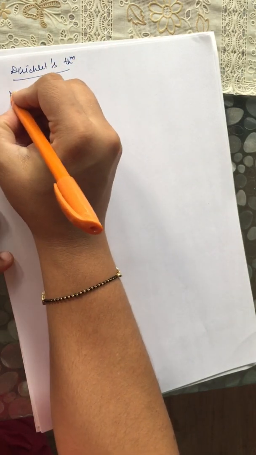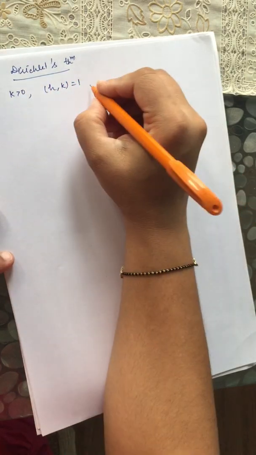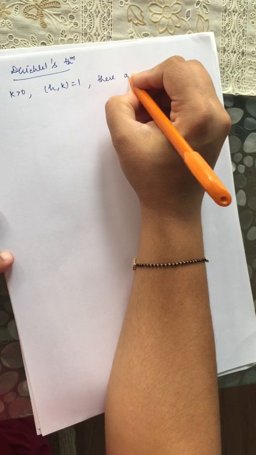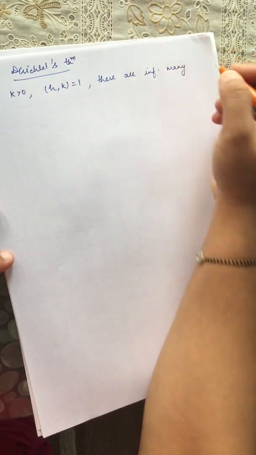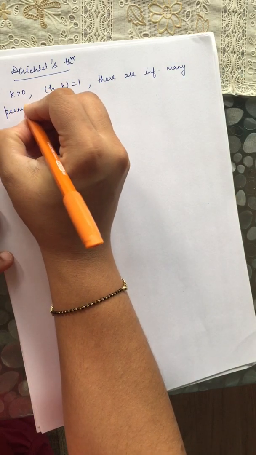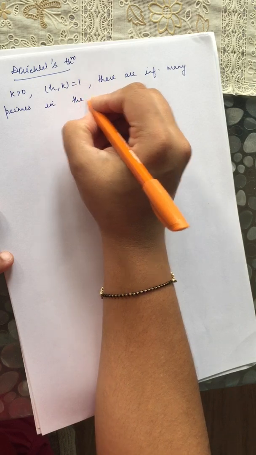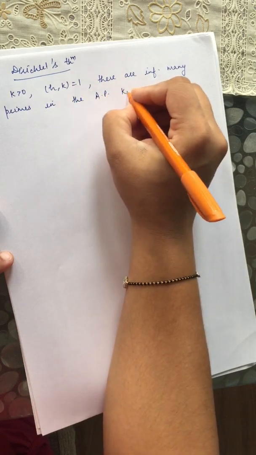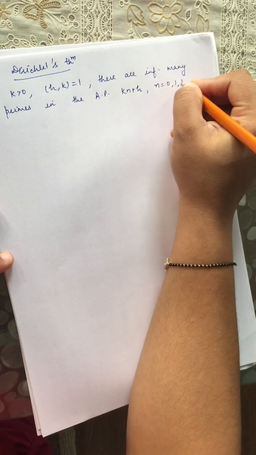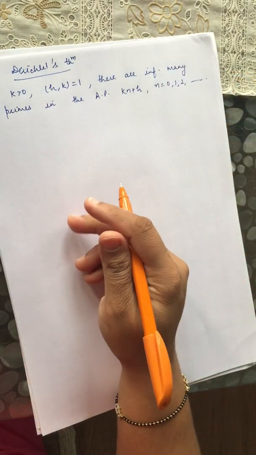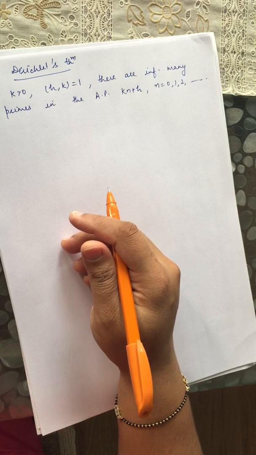If k is positive and h and k are co-prime numbers, then there are infinitely many primes in the arithmetic progression kn plus h. Obviously n is varying from 0, 1, 2, 3 and so on. So the proof of this theorem directly follows from the proof of the previous theorem.